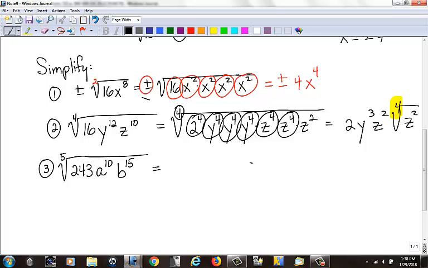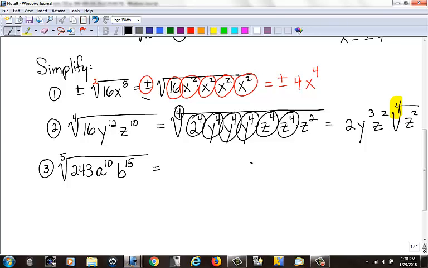If you go to the math key, on the math key, number 5, so we want the 5th root, so put in a 5, and then the math key, and then the number 5, and then 243.